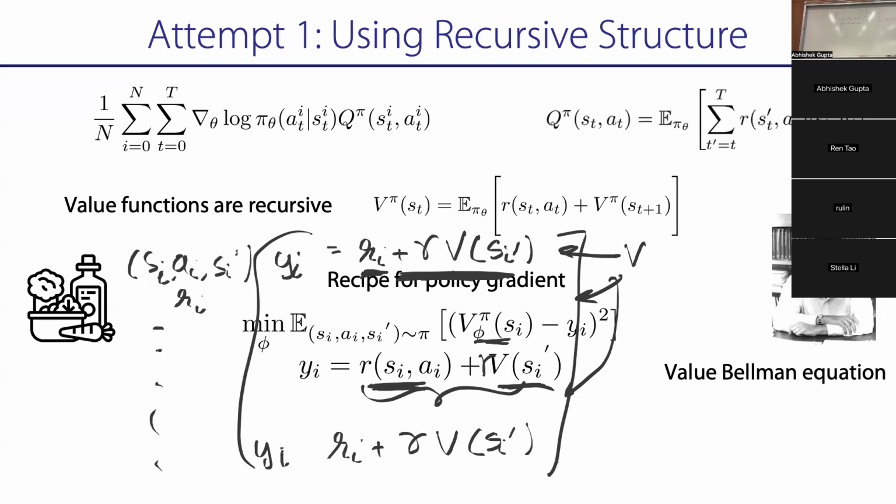The cleanest way to write this is that you take your value at iteration i, stick that in to get your targets, and then use that to update to get a value i plus 1. And then you'll stick it back in, right? I specifically constructed these targets for a reason, and I didn't just stick it into this objective. The important part is you take your current value, construct targets, regress onto something that will be your new value, and then stick that back in to construct new targets and repeat.